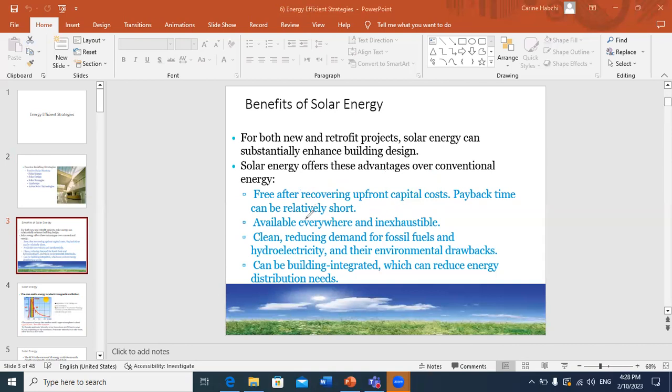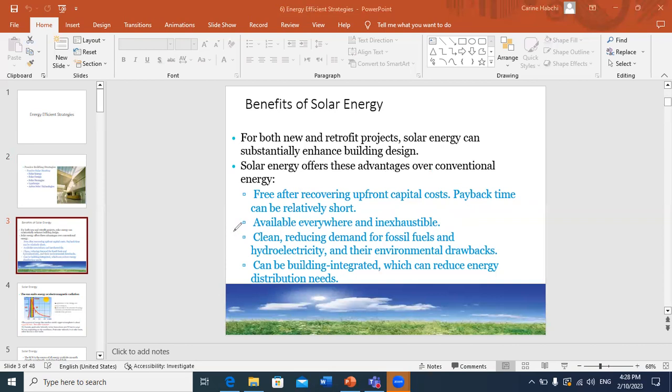So solar energy is available everywhere and it's inexhaustible. This is one of the biggest advantages. And of course, in some countries, it is available less than others, but in the majority of countries, we have some sunny hours.